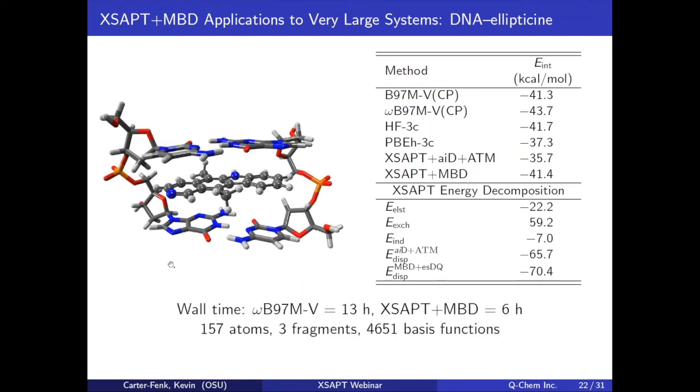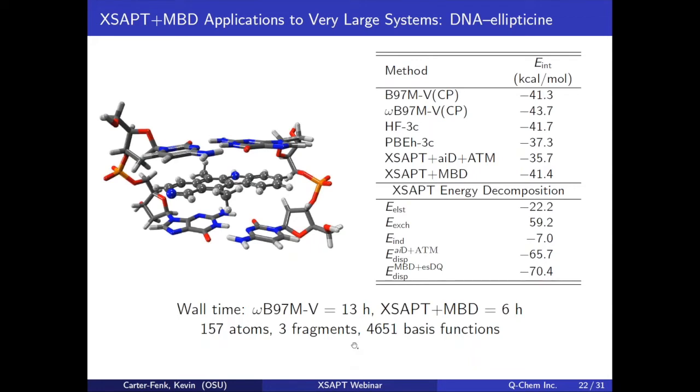The wall time, however, is reduced by a factor of 2, because we're able to take this system of 3 fragments and break it down as such. So we can break it down into 3 discrete molecular fragments, and we benefit from that parallelization of the interaction energy calculation. So these are done with a triple zeta basis set.